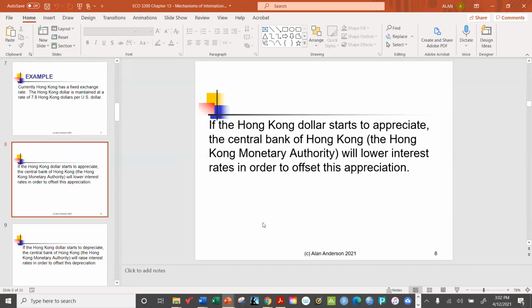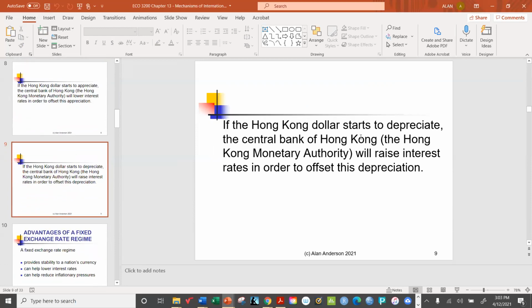Now, the name of the Hong Kong Central Bank is the Monetary Authority of Hong Kong. And so if the Hong Kong dollar starts to get too strong, the central bank will lower interest rates in order to prevent the Hong Kong dollar from getting any stronger. On the other hand, if the Hong Kong dollar starts to weaken, then they have to do the opposite.